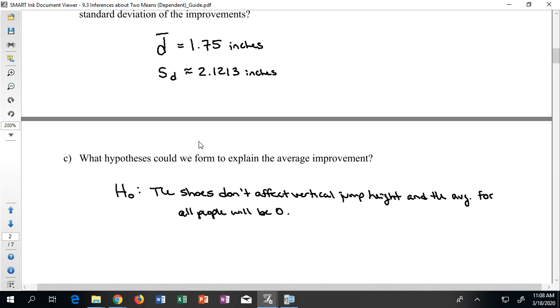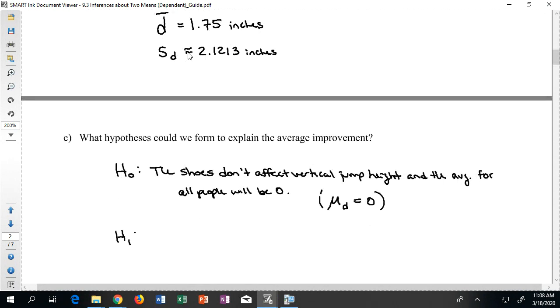Like this was an average of 1.75, but you only looked at 8 people. By the time you look at all the people, these shoes will have essentially 0 effect, right? So essentially here we're claiming that the average for all the differences, this is our mu D, is just going to be nothing. That's an option, right? Like we kind of got lucky here.